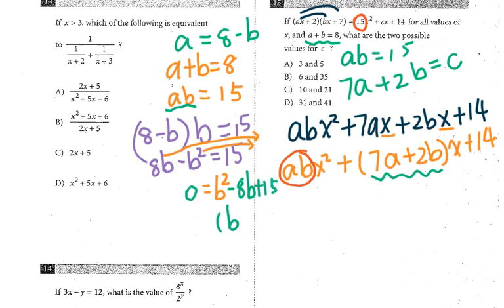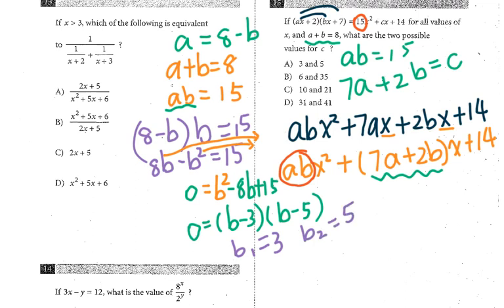Then you can factor that as b minus 3 times b minus 5. Then b1 equals 3 and b2 equals 5. Then you plug into a equals 8 minus b. You will get a1 equals 5 and a2 equals 3.